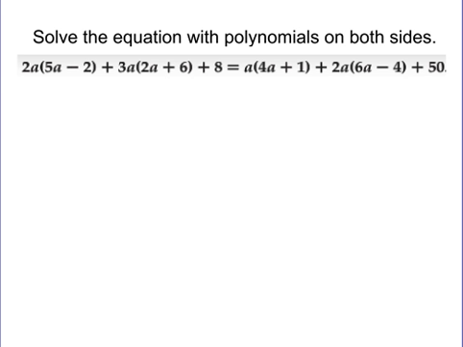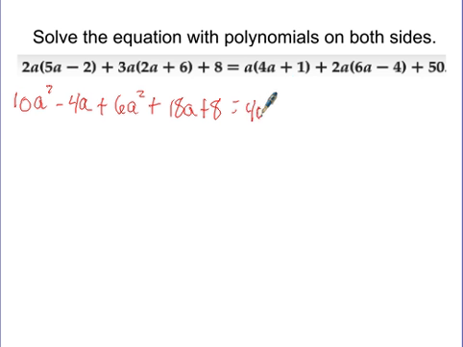So it's 2a times 5a, 10a squared, minus 4a, plus 6a squared, plus 18a, plus 8, equals 4a squared plus a plus 12a squared minus 8a plus 50.